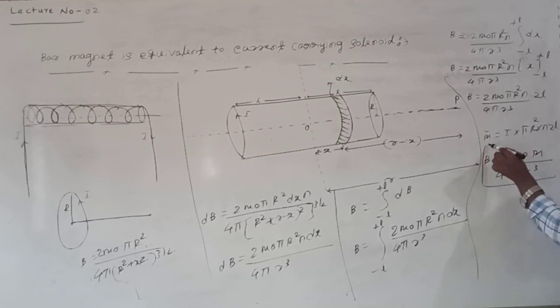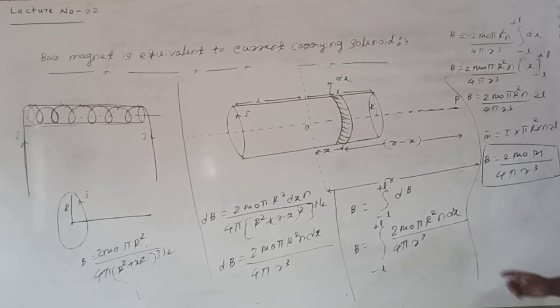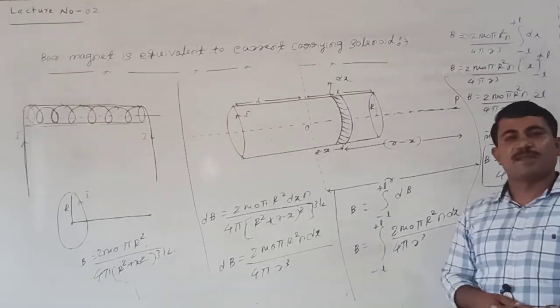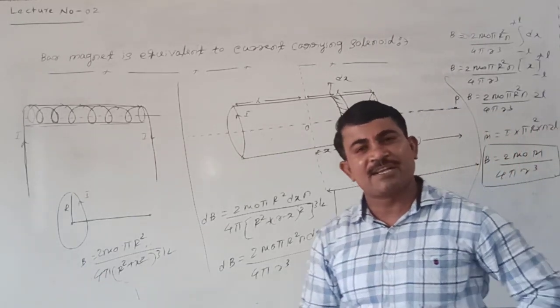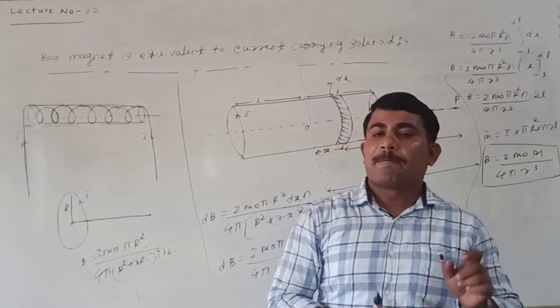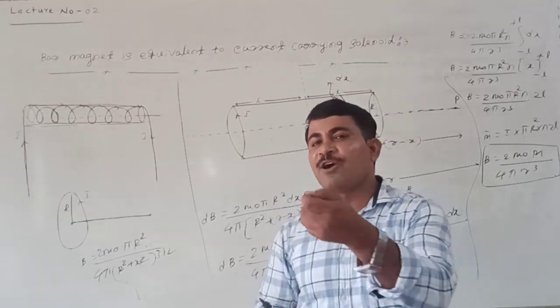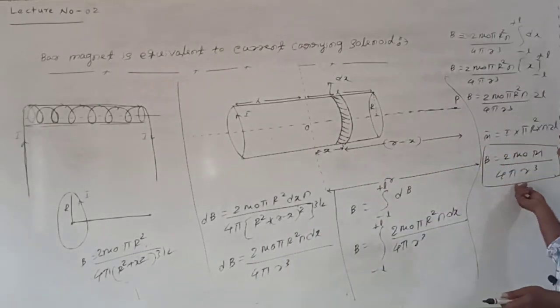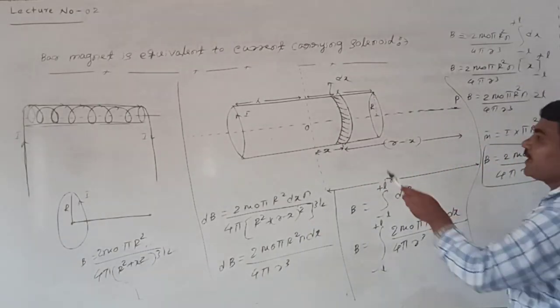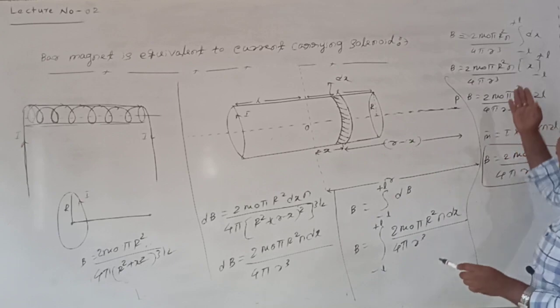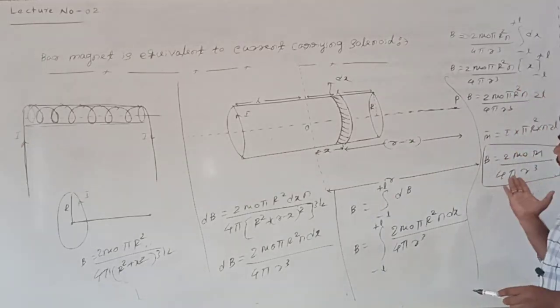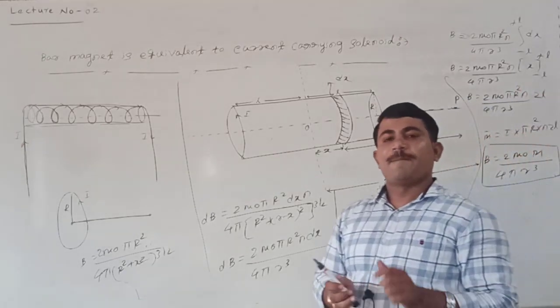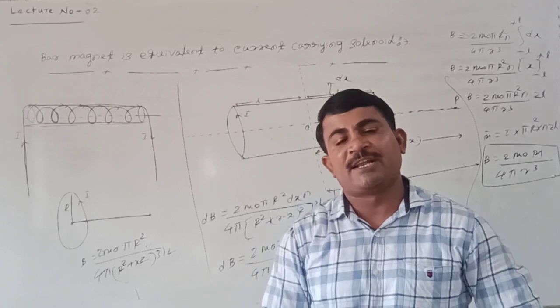Along the axis of the current carrying solenoid, we found this much value, and this value is equal to the magnetic field of the bar magnet along the axis of the bar magnet. Along the axis of the bar magnet we found the same value, and along the axis of the current carrying solenoid we found the same value. Then from this what can you infer? Bar magnet is equal to current carrying solenoid.